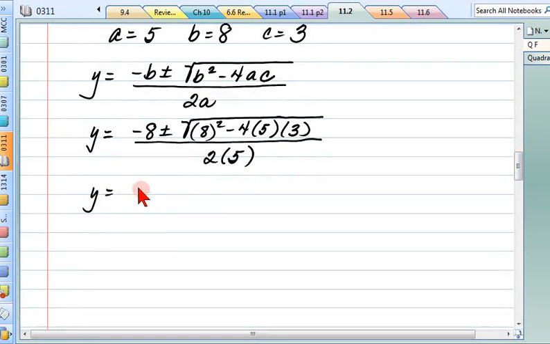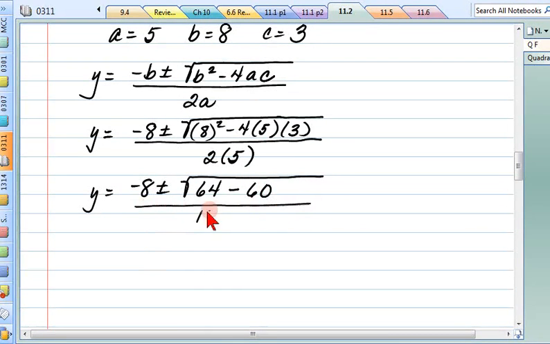So y is equal to -8 plus or minus the square root of 8 squared is 64. Negative 4 times 5 is negative 20 times 3, negative 60, all over 10. That gives me y is equal to negative 8 plus or minus the square root of 4 over 10.